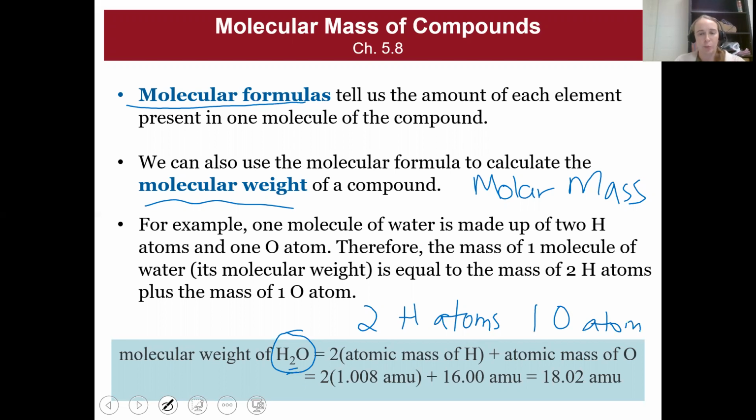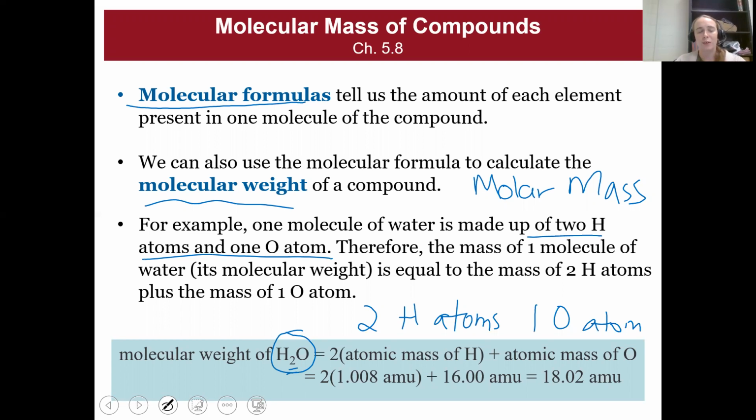And then we can use the molecular formula to calculate the molecular weight, which is the mass of one molecule of the compound. Sometimes called molecular mass, but I like molecular weight better. They're pretty interchangeable. So 1 molecule of water has 2 hydrogen atoms and 1 oxygen atom.